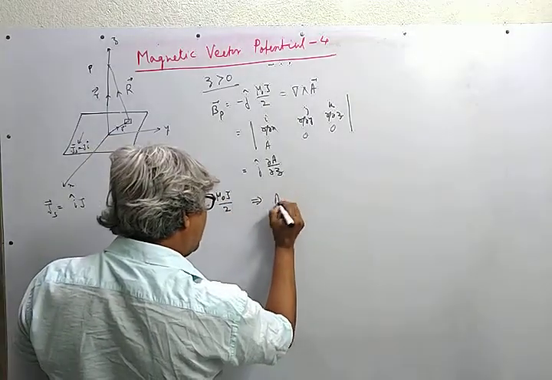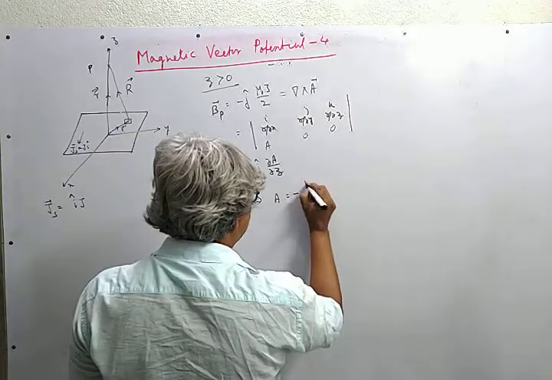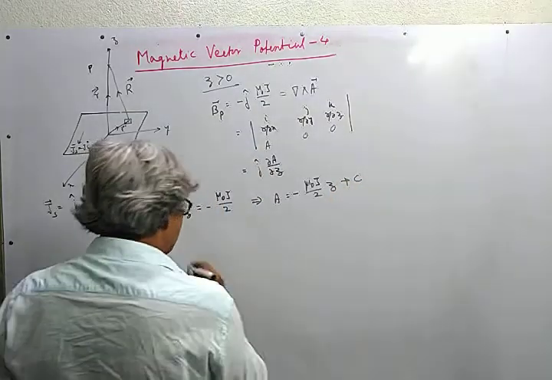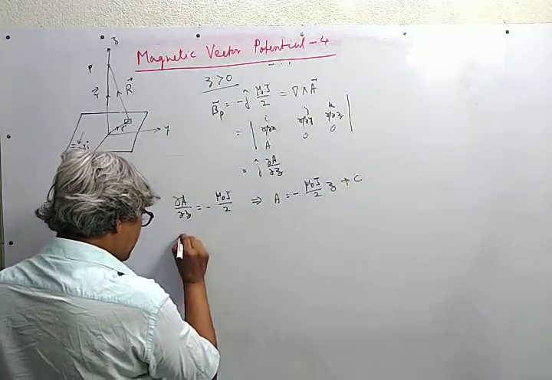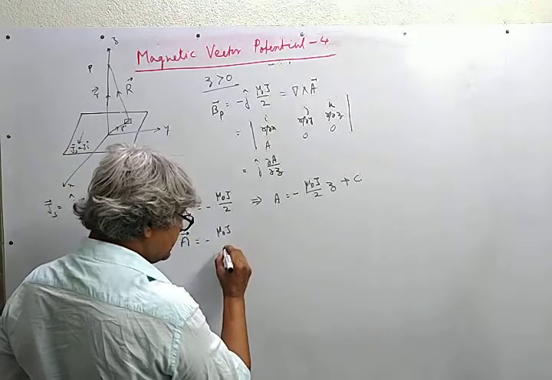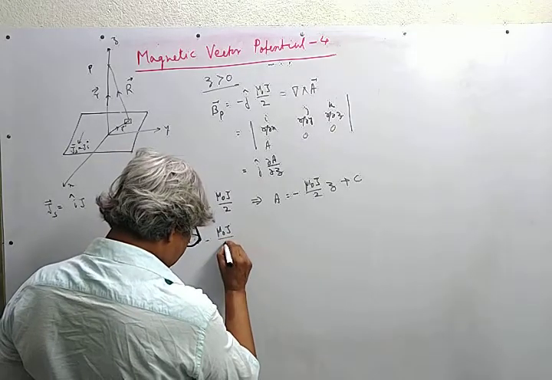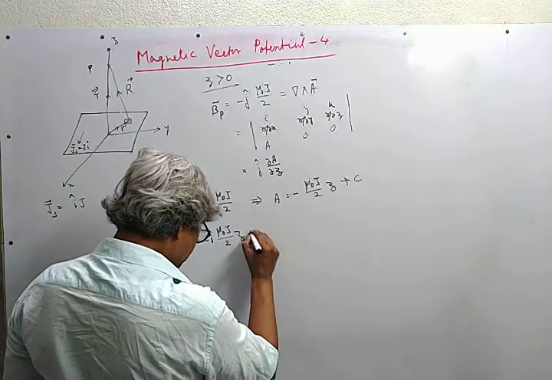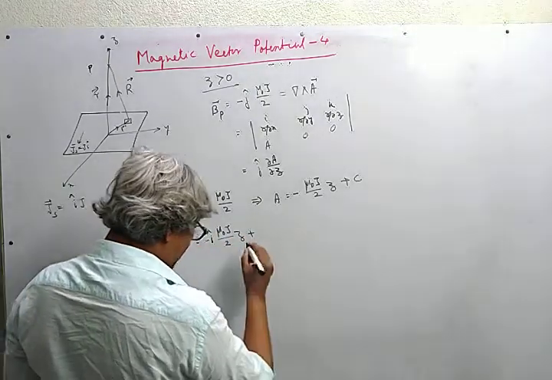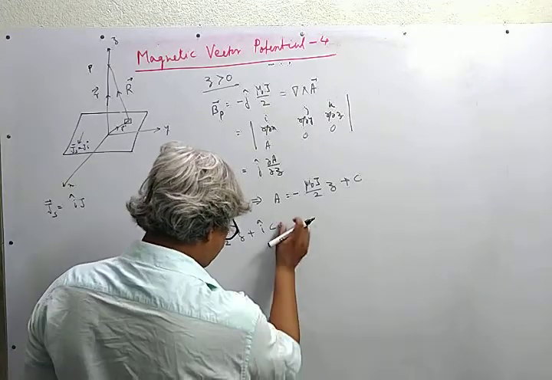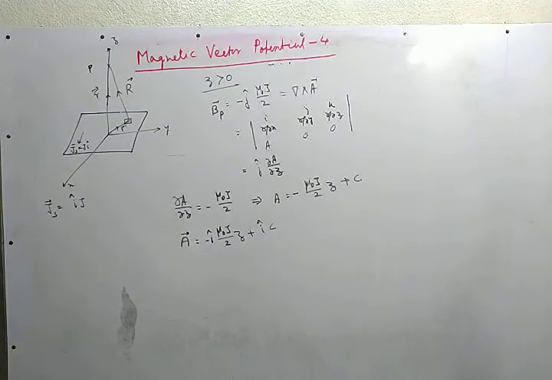This leads to A equal to minus mu 0 j by 2 times z plus some constant. So to say that the vector potential is this plus some constant, which will be in the i direction. This is one tricky calculation of vector potential.